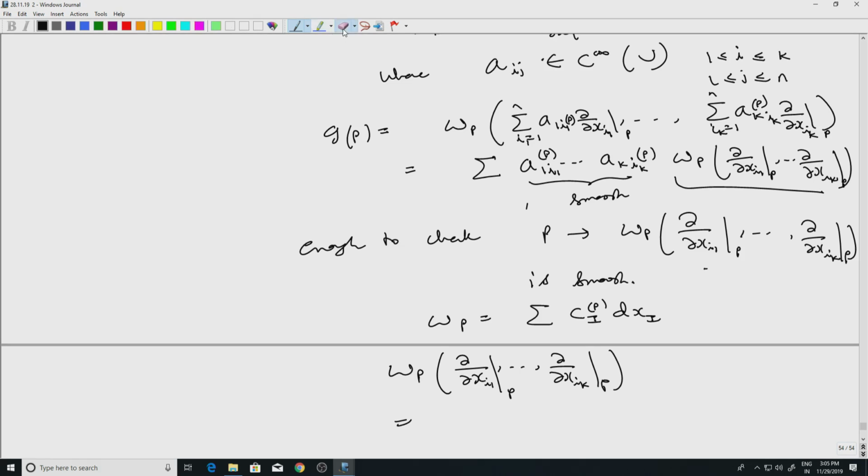Just to not keep track of the indices, let me use J as the summation multi-index. If we call I equals I1 through Ik, then dxj evaluated on these vectors will be 0 unless I equals J. So essentially only one term will survive, and that term will be CI at p.